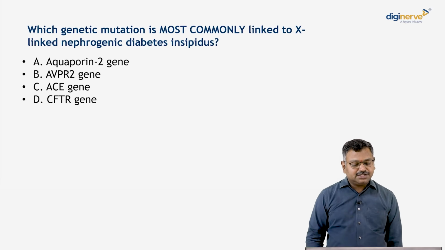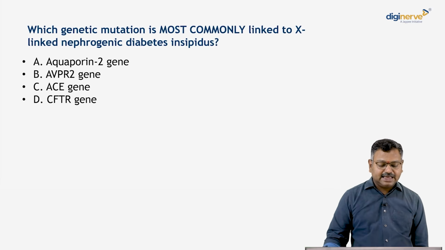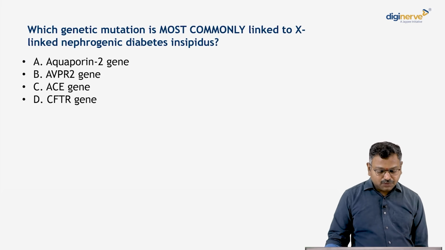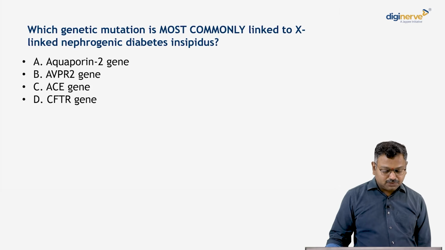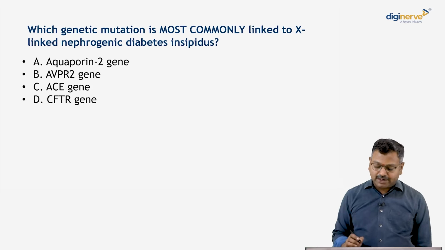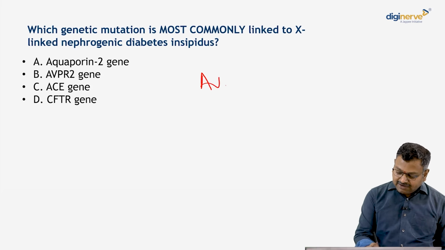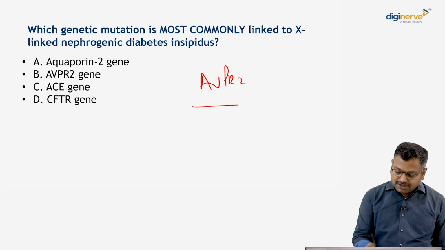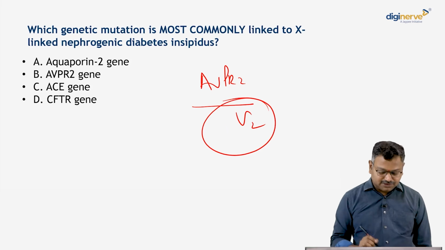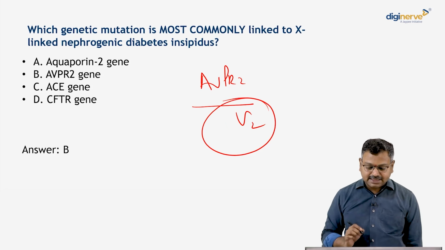Which genetic mutation is most commonly associated with X-linked nephrogenic diabetes insipidus? Is it aquaporin 2, the AVP receptor 2 gene, ACE gene or CFTR gene? Please remember the X-linked one is associated with the AVPR2 gene mutation, which is the V2 receptor gene. That is the one which produces X-linked nephrogenic diabetes insipidus.